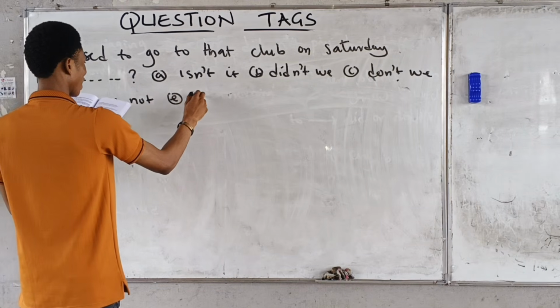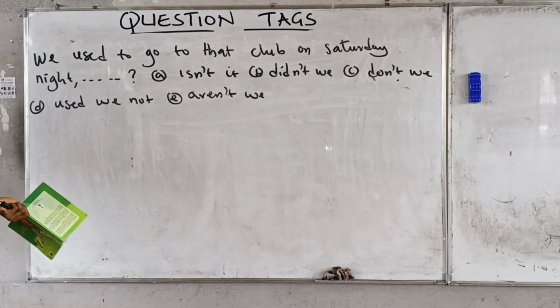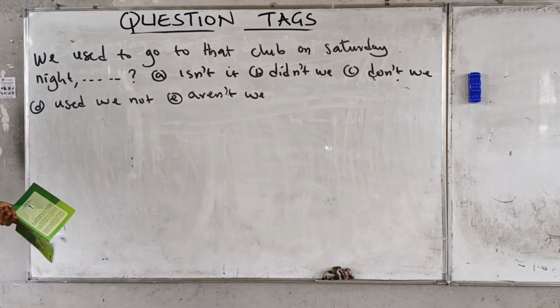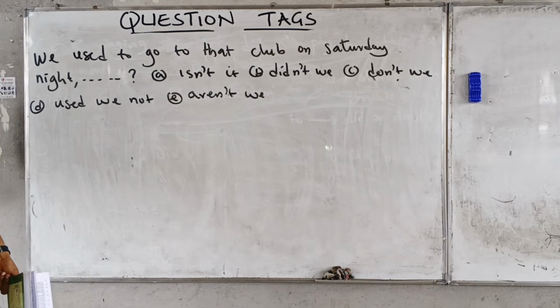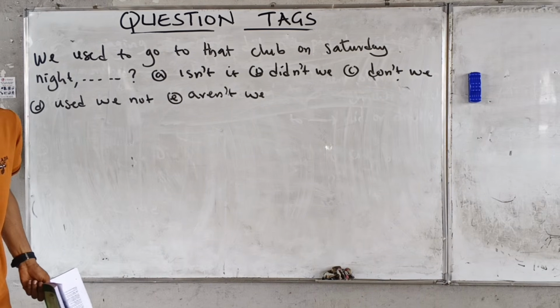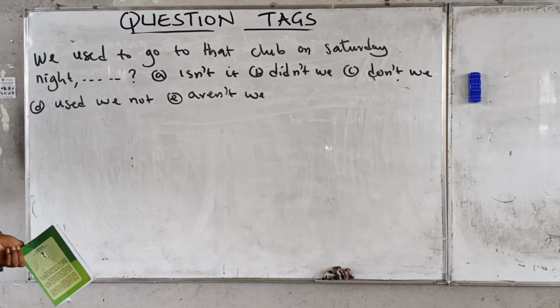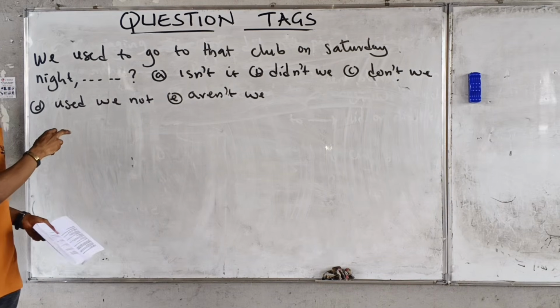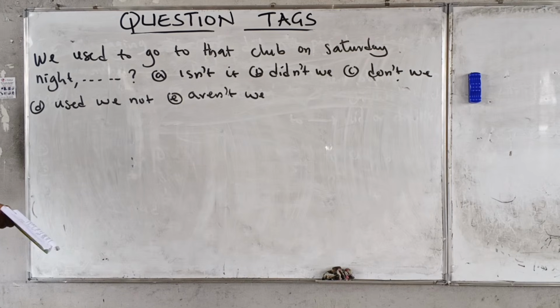E. Aren't we? All right, so we used to go to that club on Saturday night. What's the answer to that question? You say, aren't we? Used we not? So we used to go to that club on Saturday night.